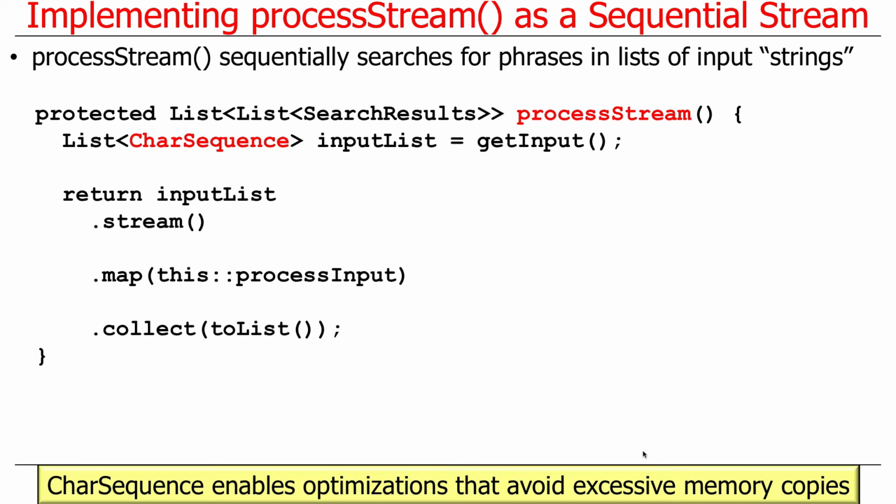So if you use a string in Java, string implements character sequence. There's a reason we use character sequence rather than string, and it has to do with some optimizations that you can do with character sequences that you can't do with strings when it comes to getting substrings. A subsequence is much faster than a substring, and I'll talk about that later.